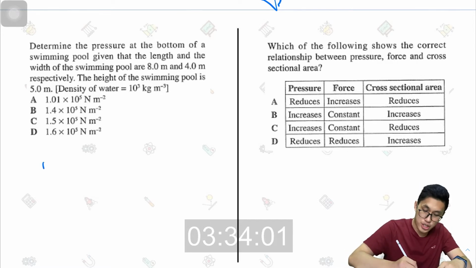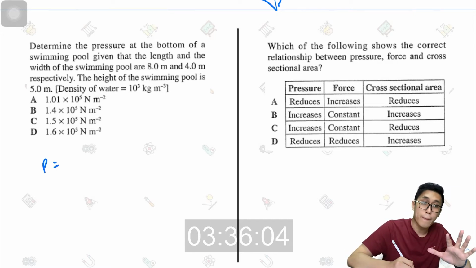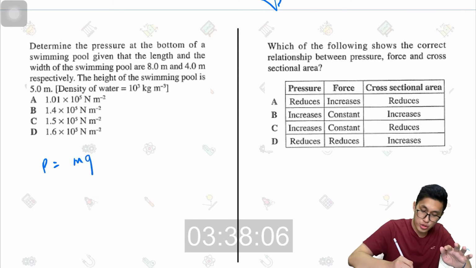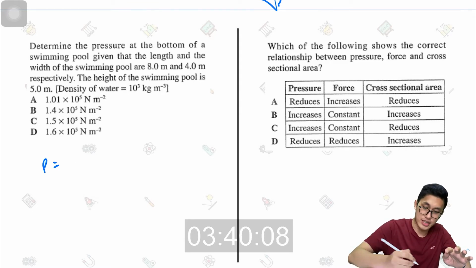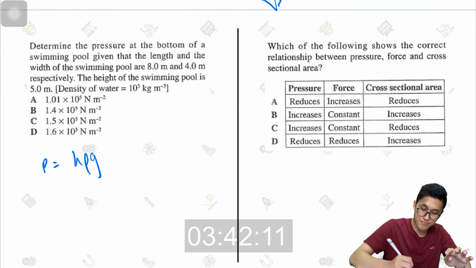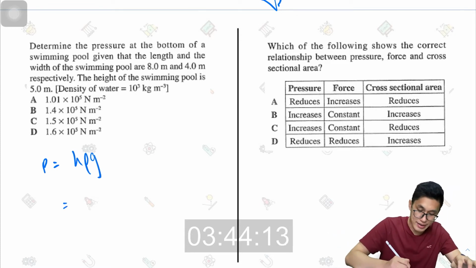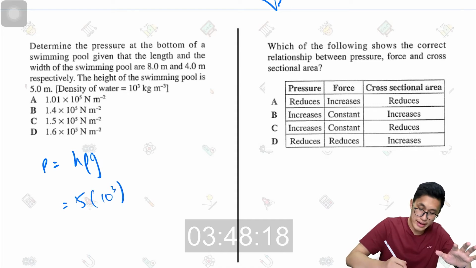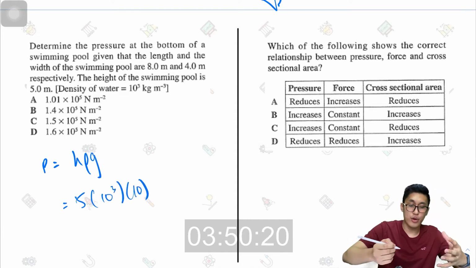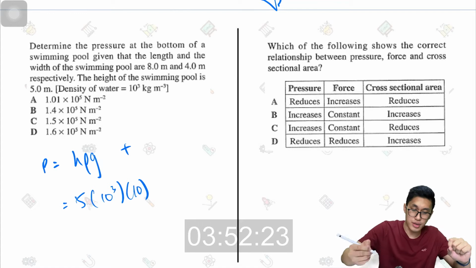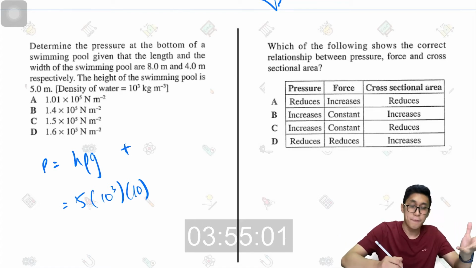So pressure is equal to mgh, equal to hρg, right? So h is the height, that's 5 meters, and ρ, that's given 10 to the power of 3, and g is 10, right? Now I believe you have to add the atmospheric pressure also. So atmospheric pressure would be about 10 meters of water, right?